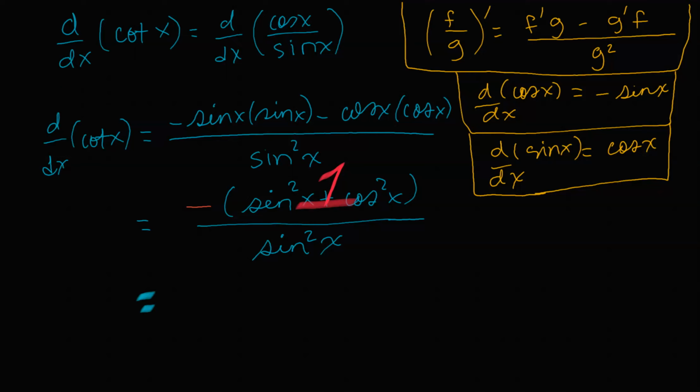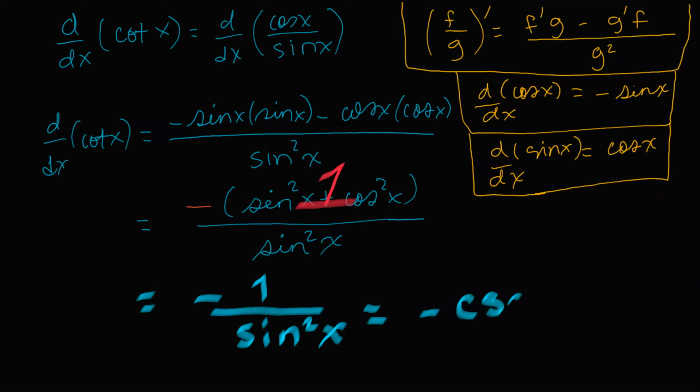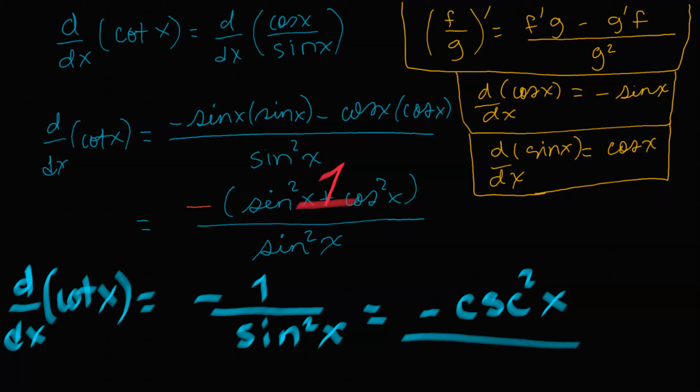So this is negative 1 over sine square x. And that is negative cosecant square x. So then we would say the derivative of cotangent x is negative cosecant square x. Pretty cool. That's the quotient rule.